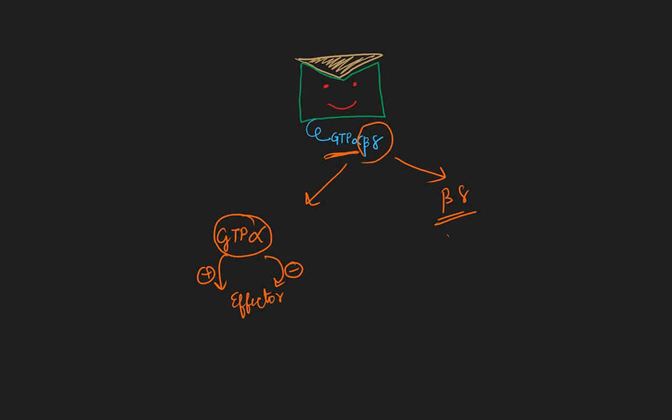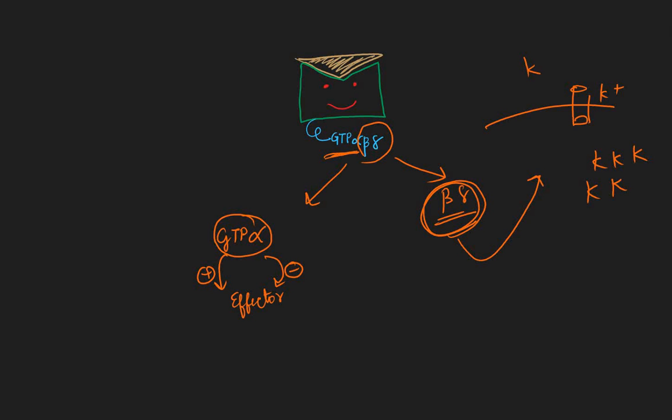Now the beta gamma is watching this from afar and says, well, alpha, you are active, let us do some action of our own. So what it does is, it goes and activates your membrane potassium channels. Now potassium concentration within the cell is higher than that outside the cell.